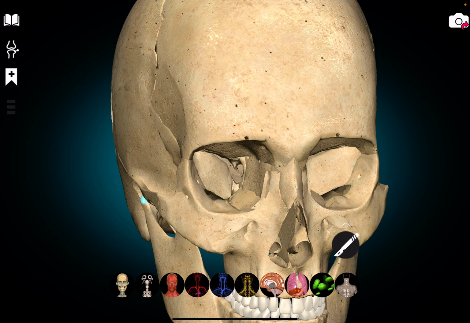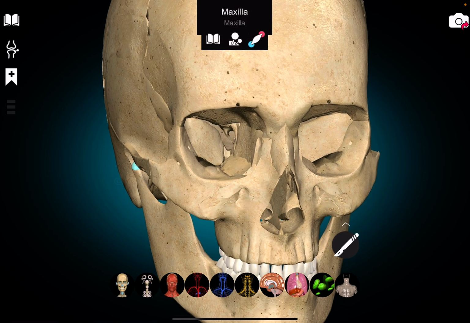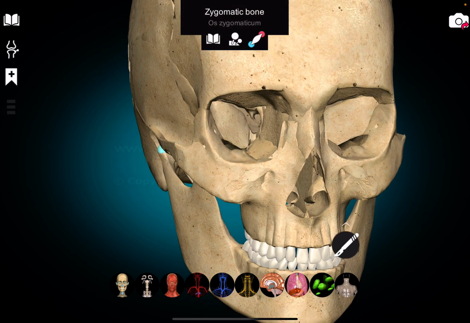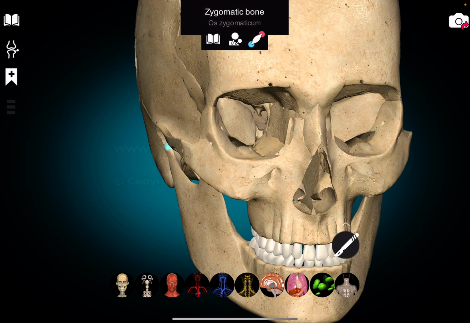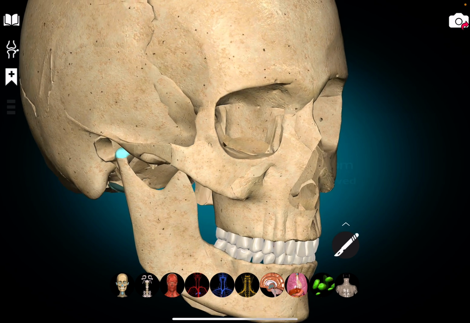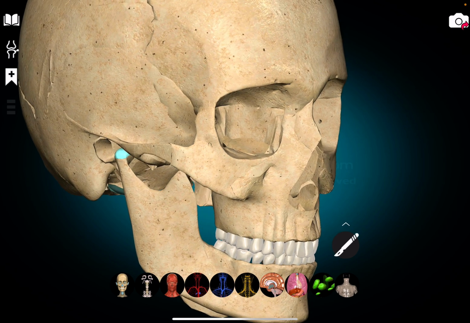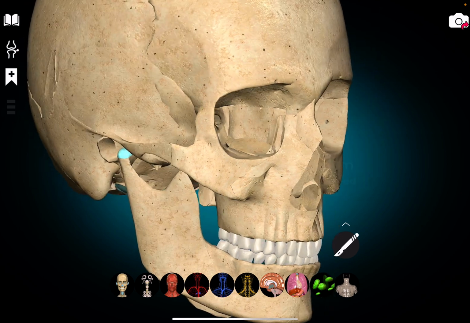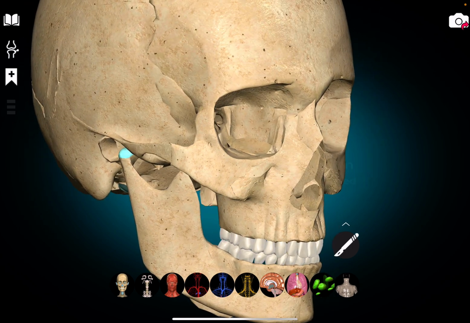Inferior wall, quite simple, maxilla and zygomatic. And let us now study the medial wall. So always in exam you will be asked the medial wall, because that contains many bones.